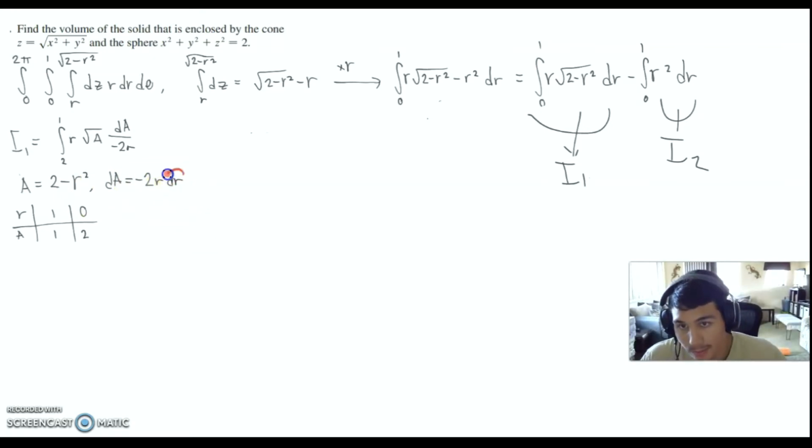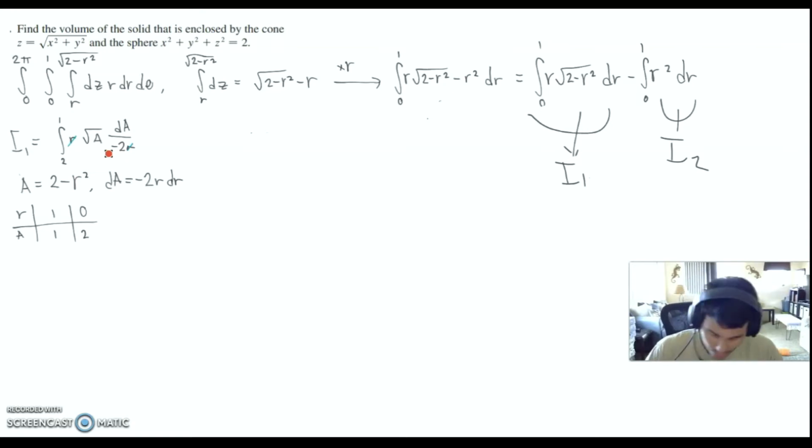Okay, so right, if you want to get that dr by itself, divide by negative 2r and replace that. This is our substitution. And as you can see, the r's will go away. And then focus on this part, right? We have a negative 2 here, and we have a 2 and a 1 here. So our bounds are going from big to small, which means negative, right?